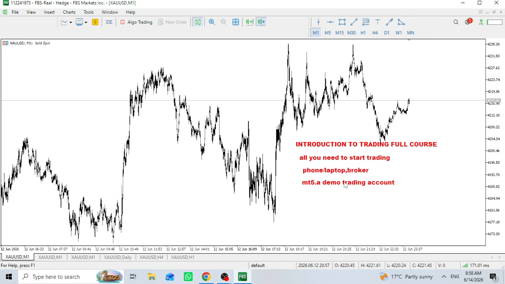Though most of the time these brokers take advantage of being trusted worldwide and start taking advantage of their traders. I haven't said the brokers I have mentioned are doing that, but most of them are. Personally, I use FBS. That is the broker I trade with. You can even check down here. I'm using the FBS broker.